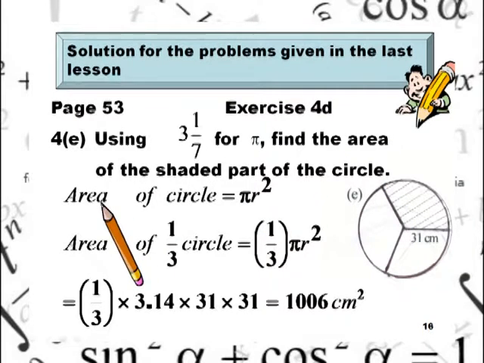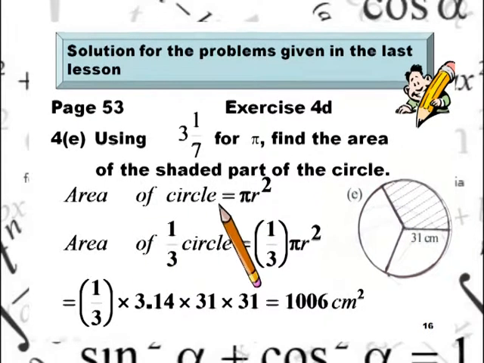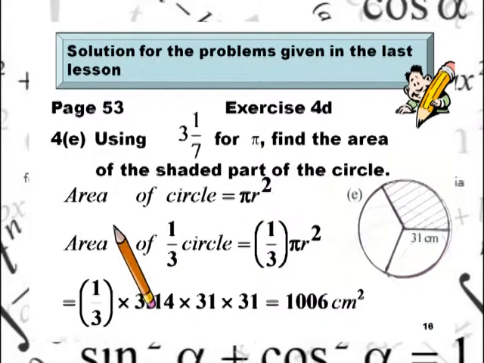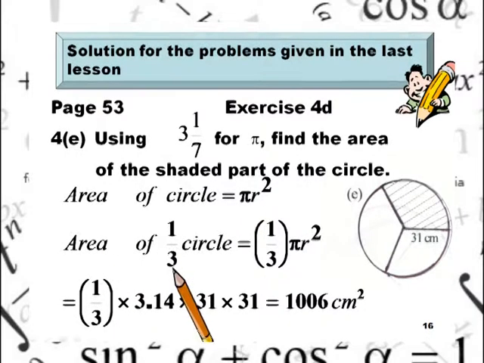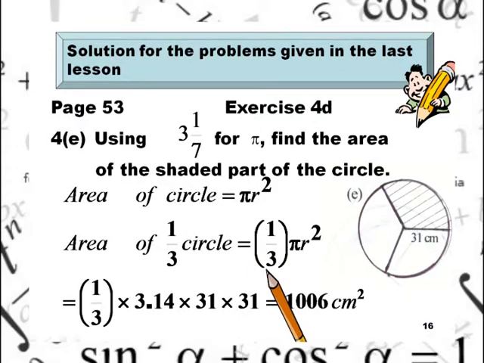Area of circle equals pi r squared. Area of 1/3 circle equals 1/3 pi r squared. That is equal to 1/3 by 3.14 by 31 by 31, which is equal to 1006 cm squared.